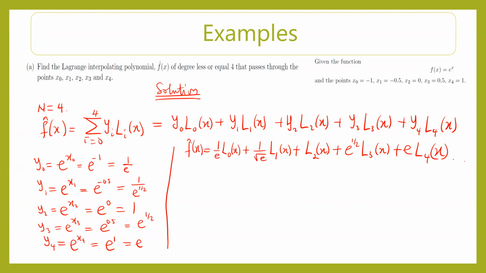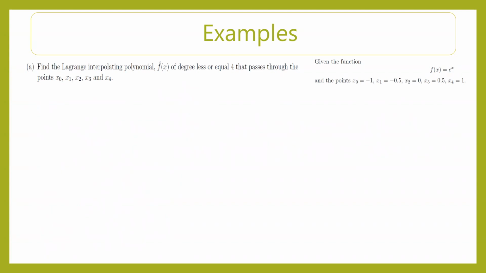So I'm going to show you how to find a couple of them, then I will trust that you can find the rest on your own. So let's start with L0 of x. Since we have 4 points, Lagrange, this function will be x.